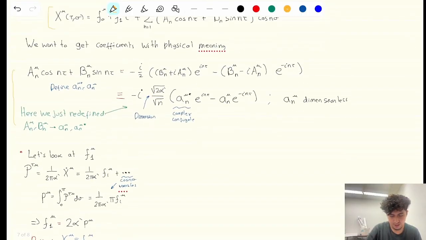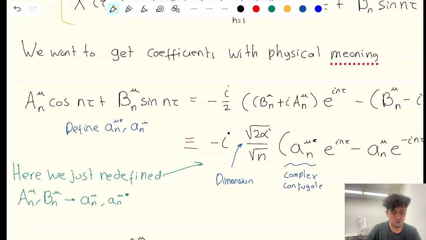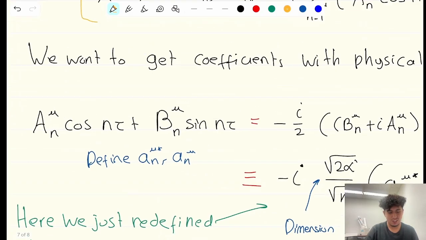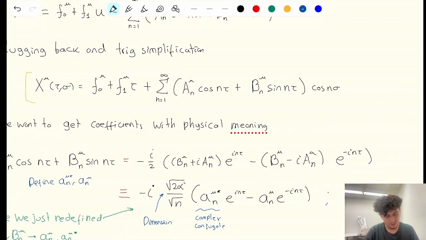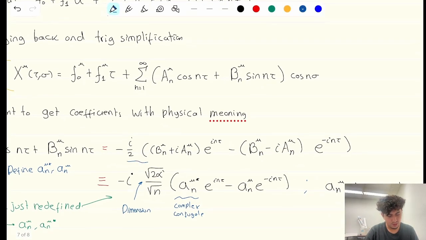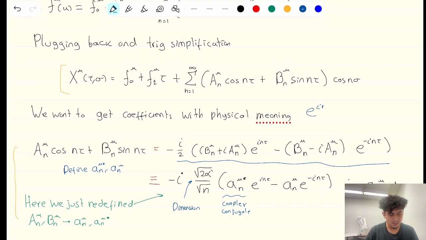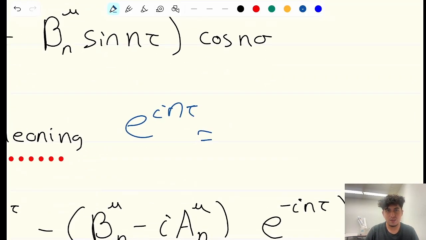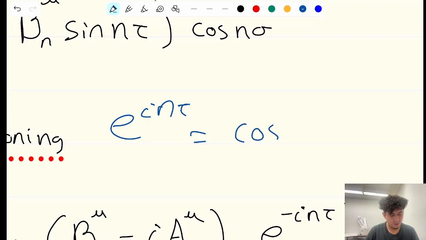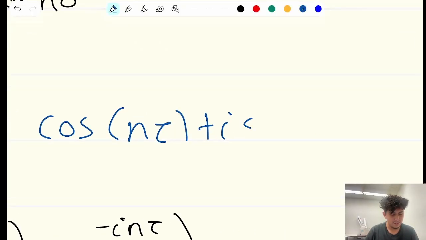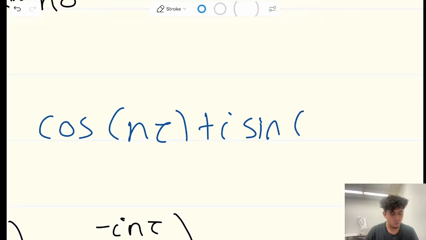Cool. Okay, so now we're gonna do some redefinitions. First, let me change these coefficients into this form. I'm just doing reshuffling, using the Euler identity that tells you that e to the i n tau is gonna be cosine of n tau plus i sine of n tau. Cool.